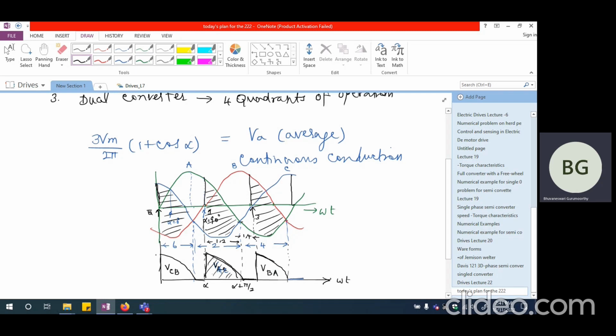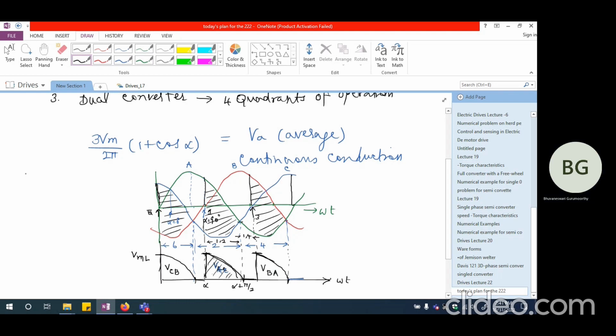So these are the 3 voltages that come up. And please note, this will be the peak of the line voltage, and it will come down to 0 after 90 degrees. Similarly, this will be the peak of the line voltage, and it comes down to 0 after 90 degrees. This is again the peak of VBA, which is the line voltage, and it comes down to 0 after 90 degrees.